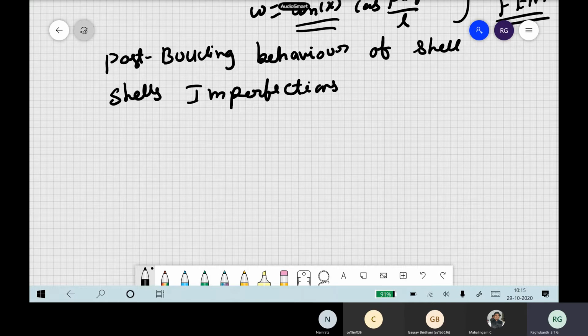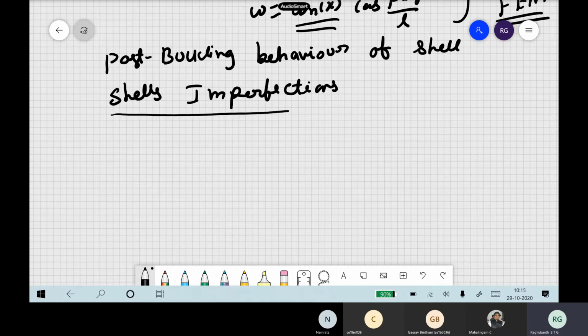Many shell structures, when constructed, collapsed also. Many shell structures, after 2-3 attempts, ended up as perfect shells. So if there are some small imperfections in the shell, that's it, the buckling load goes down drastically.